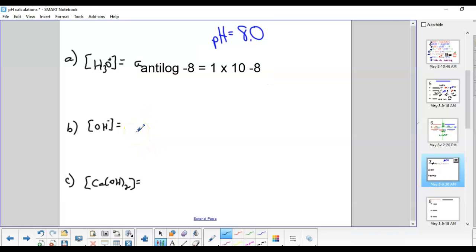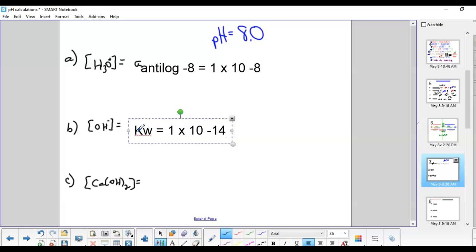Well, down here, I can do it one of two ways. I can use Kw, which equals 1 times 10 to the minus 14.